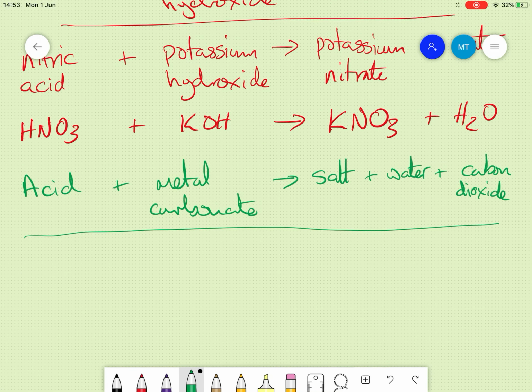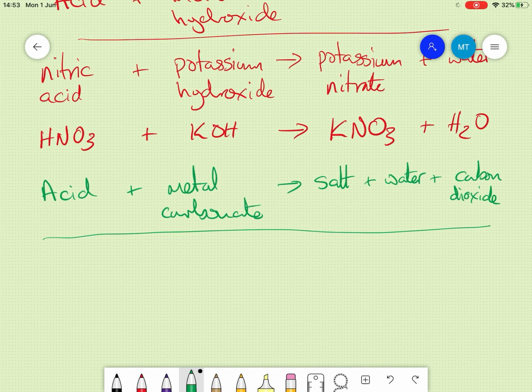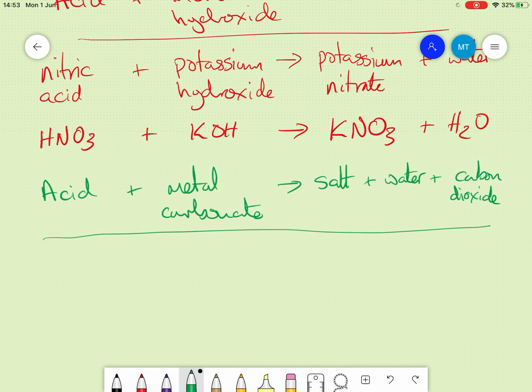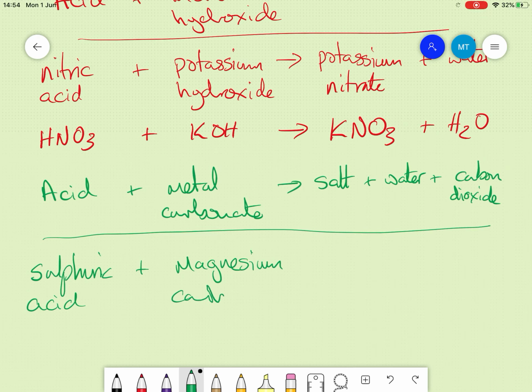So let's have a look at this one. Let's do sulfuric acid plus magnesium carbonate reacts to form.